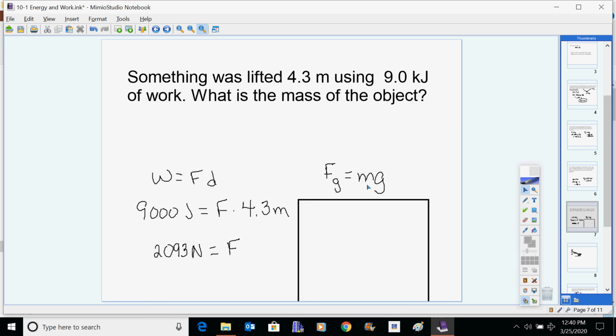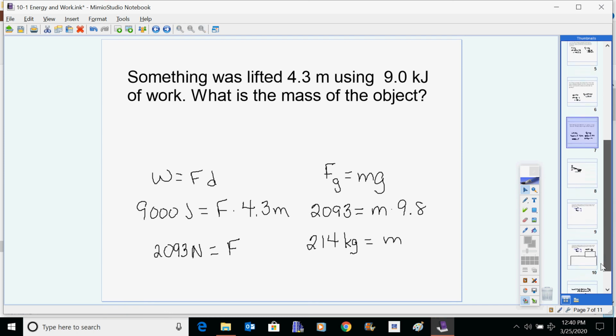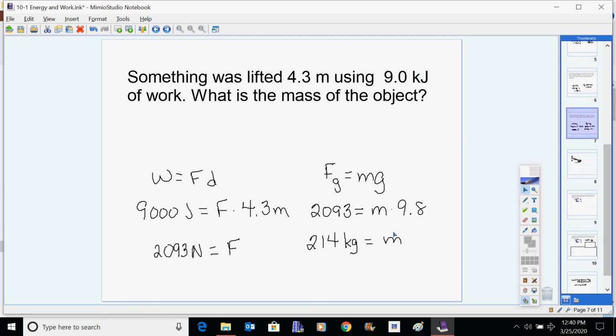So force equals mass times 9.8. Divide that out and you have the mass of this object was 214 kilograms. So a pretty good sized thing that was being lifted with those 9,000 joules of energy.